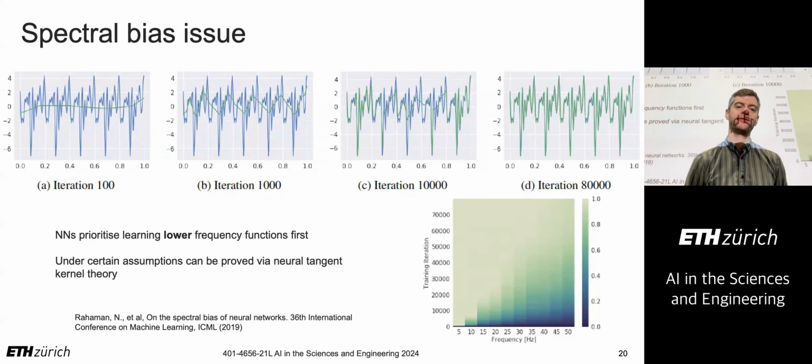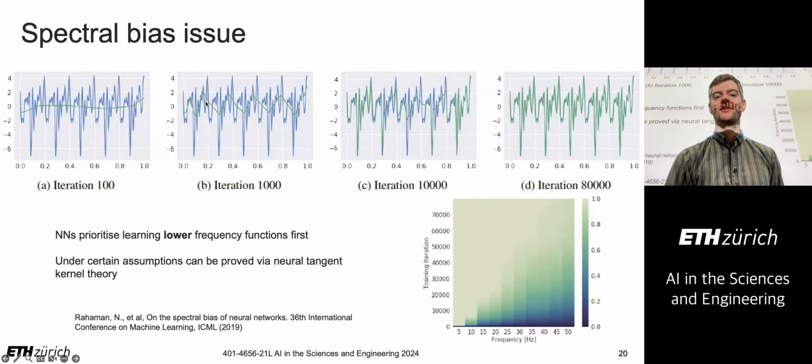So this is great when we're talking about overfitting or underfitting in machine learning in general. But when we're training these neural networks to solve PDEs, this is not a good situation. We actually want to be able to converge fast on these high frequency components and on the low frequency components, especially if we want to solve these multi-scale simulations.